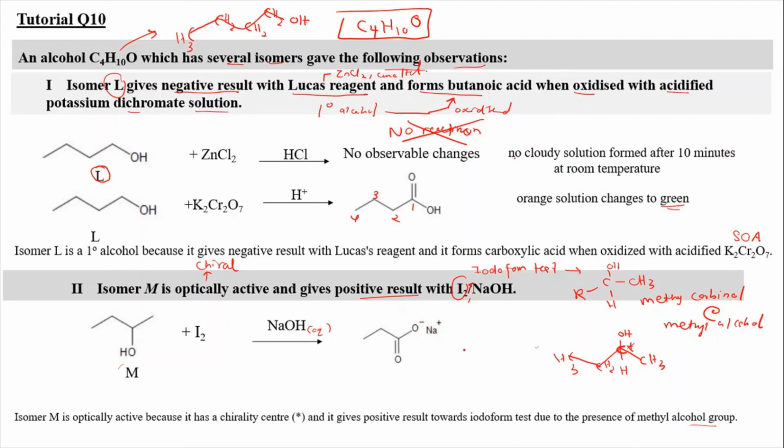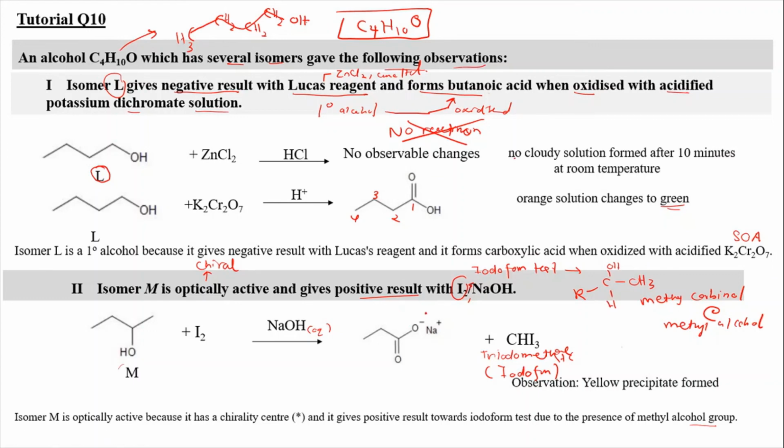And as a result, the triiodomethane or iodoform is going to be produced, and this is going to give the observation of the yellow precipitate.